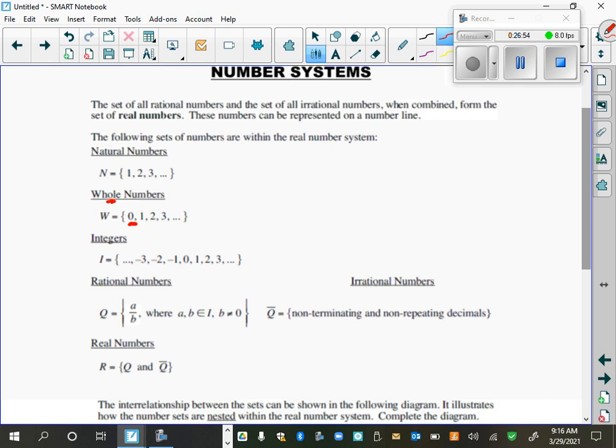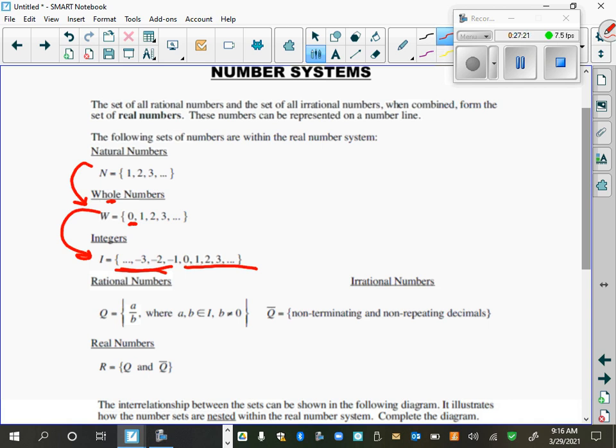Integers are all the whole numbers and include all the negative whole numbers. So you can say all the natural numbers are whole numbers, right? 1, 2, 3. All the whole numbers are integers. They're nested in integers, if you wanted to talk like a bird watcher.